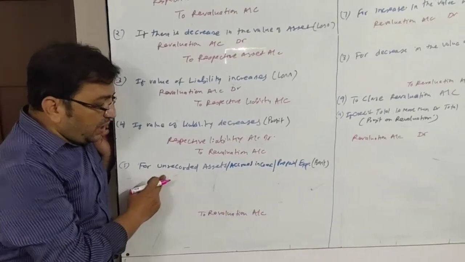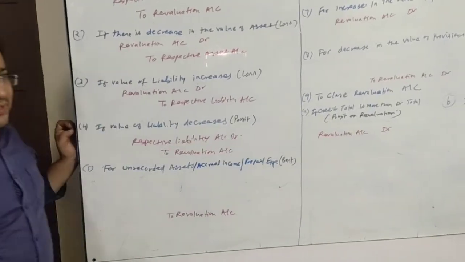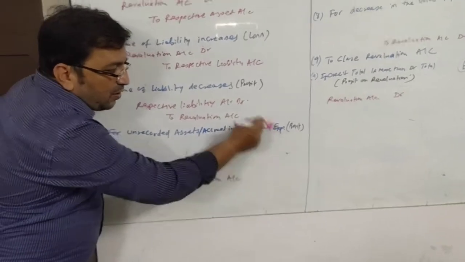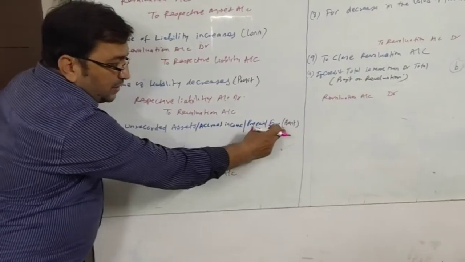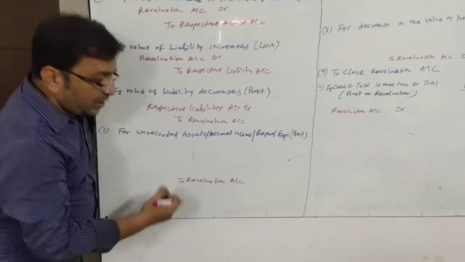Next is for unrecorded assets, accrued income or prepaid expenses. If we find any unrecorded asset or accrued income or prepaid expenses, all such things are profit. So it will be credited to revaluation account. And what to debit?